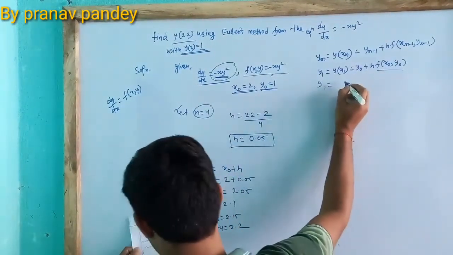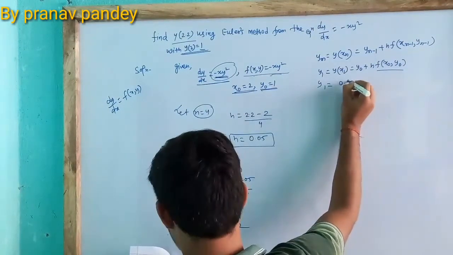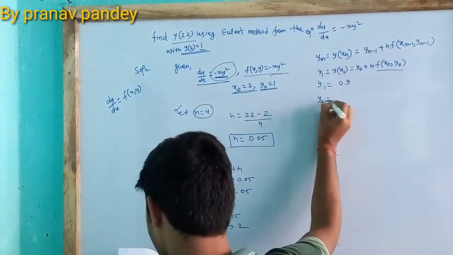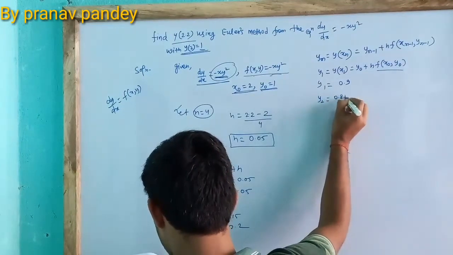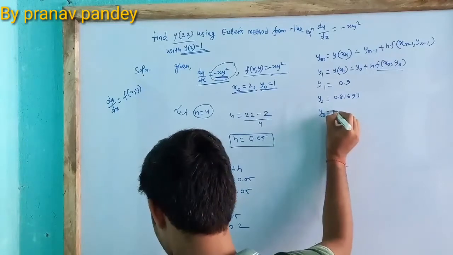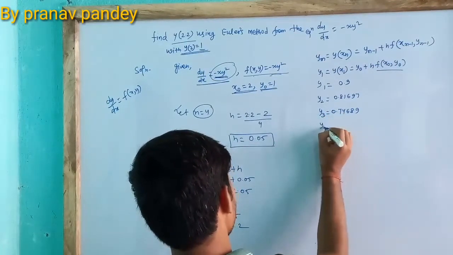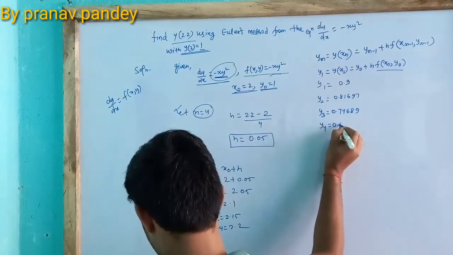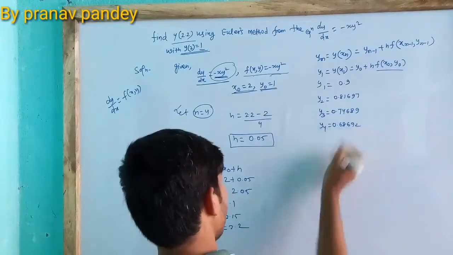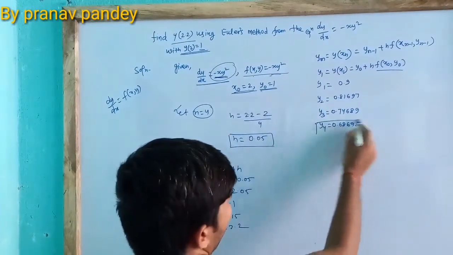So I am directly writing the value of y1 as 0.9, then y2 we get 0.81697, and y3 we get 0.74689, and y4 we get 0.68692.